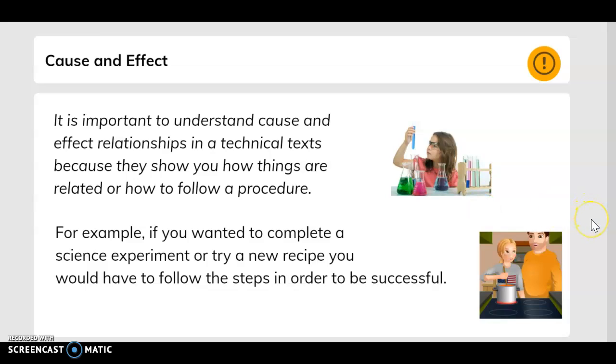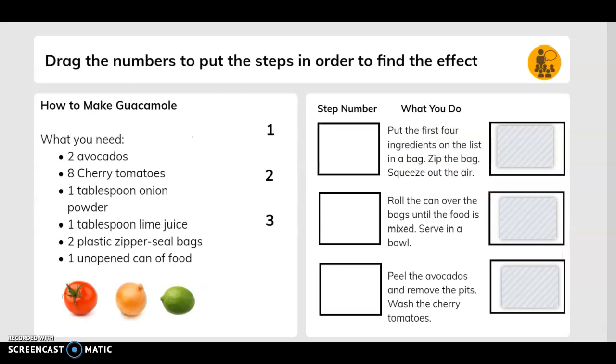For example, if you wanted to complete a science experiment or try a new recipe, you would have to follow the steps in order to be successful. So here it says, drag the numbers to put the steps in order to find the effect. How to make guacamole.